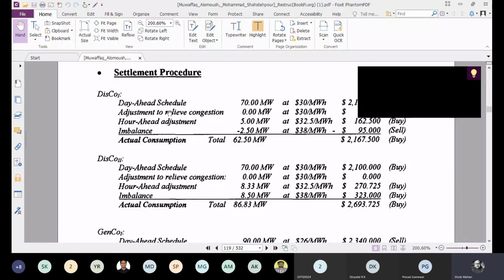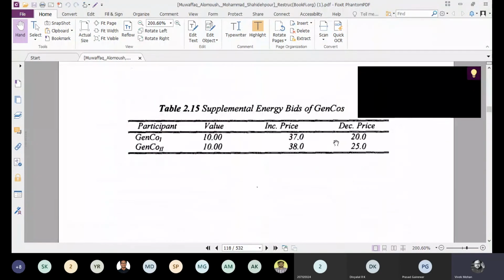Now, adjustment to relieve congestion. There was no change for DISCO 1, right? It was fixed, no change, so it is 0. Now the overhead adjustment. Where has this come from? Because there was an increase of 5 megawatts, and this happened at an incremental bid, right? So 32.5 is the incremental bid.